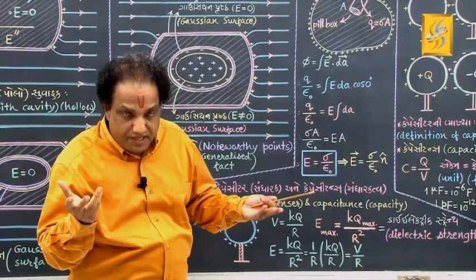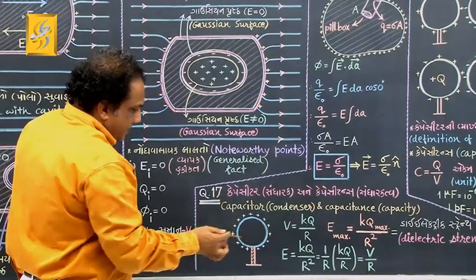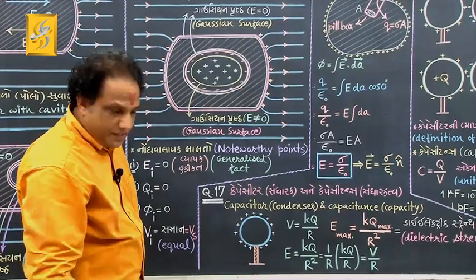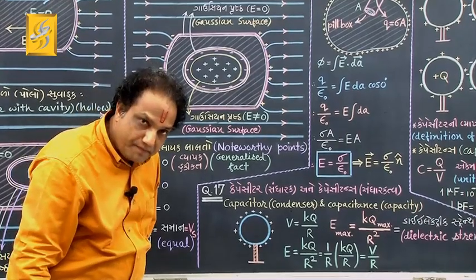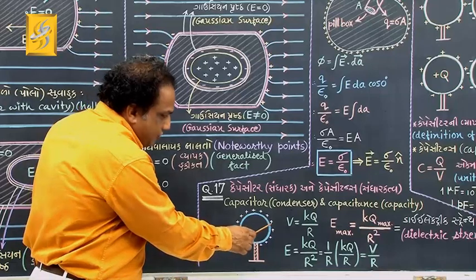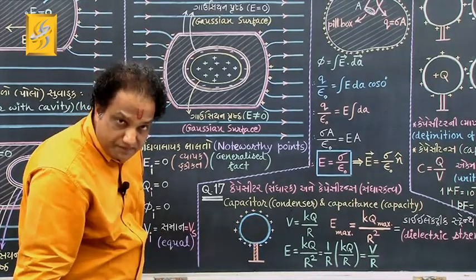How is it constructed? What is its capacitance? Let us see. Consider some metallic sphere supported by some non-conducting stand. Okay? You just do one thing. You start depositing more and more positive charge on its surface.